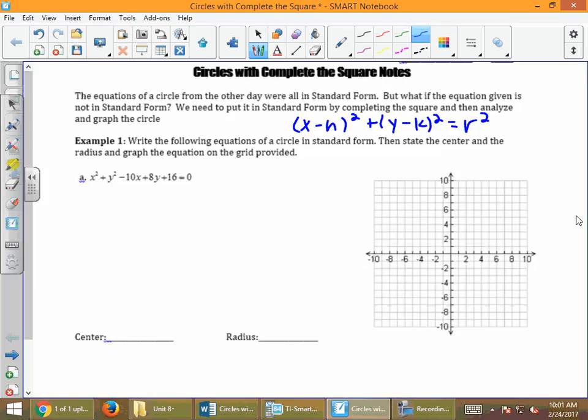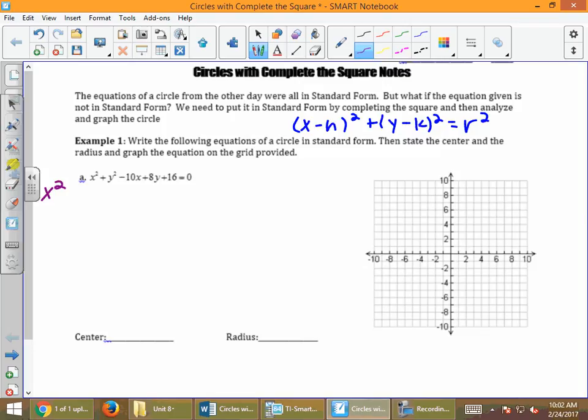Your first step is to make sure all the x's are grouped together and all the y's are grouped together, if they're not already grouped. Sometimes they are. In this case, x squared is always going to go first, so I'm going to write x squared. What other number has an x with it? 10.